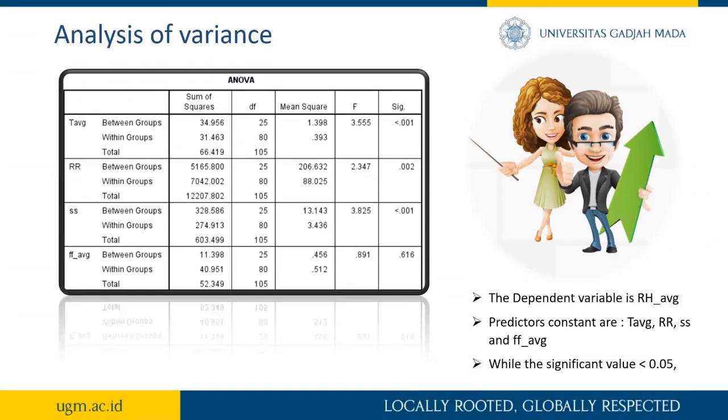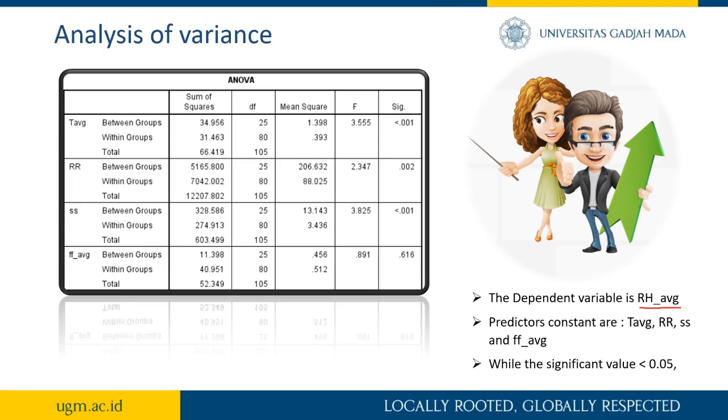For the last section of my explanation, it's about the analysis of variance, where we have the ANOVA here. We use the dependent variable, humidity average, with the predictors: the average temperature, the rainfall, the effect of solar radiation, and the wind.